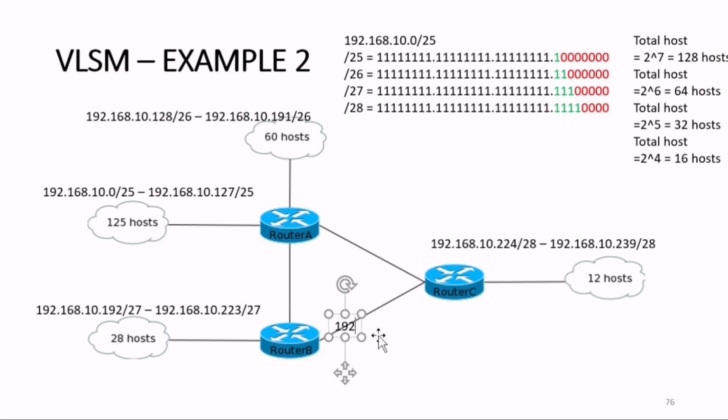So we can write down here 192.168.10.240 slash 30, where with the slash 30 subnet mask, the total host will be 4 hosts.